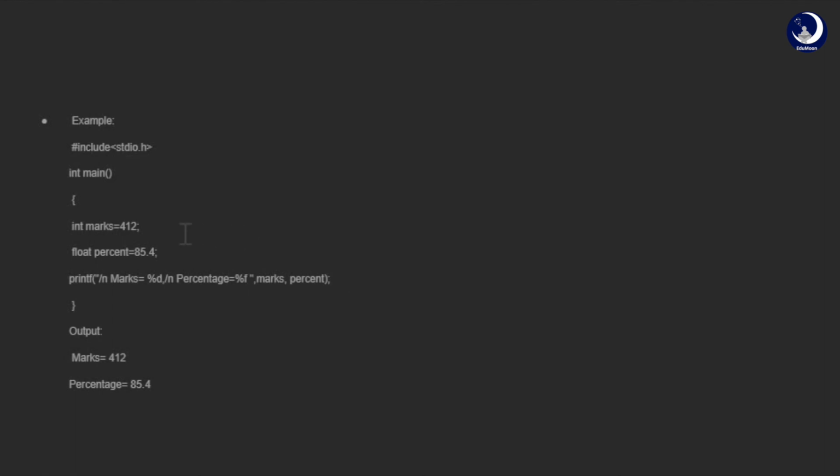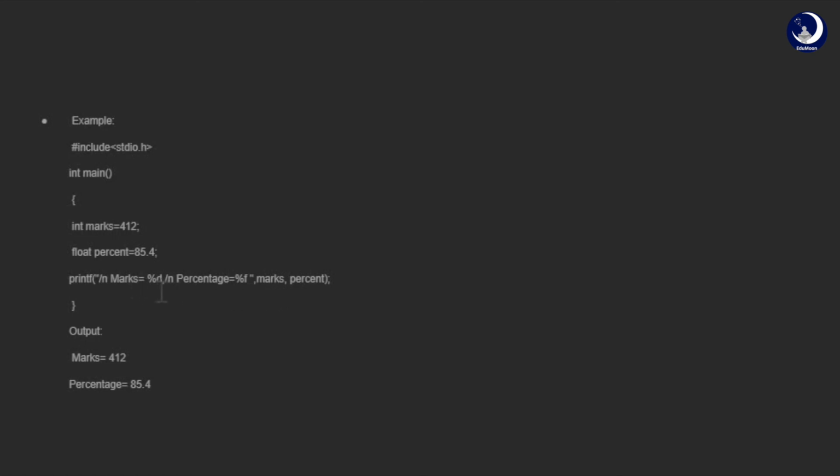Here we have int marks assigned a value 412 and float per assigned 85.4. printf("\nmarks equal to %d \npercentage equal to %f", marks, per).